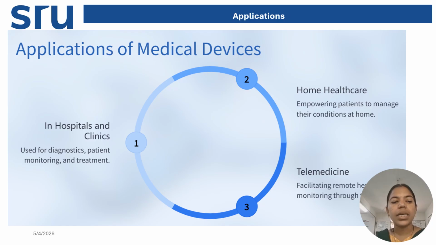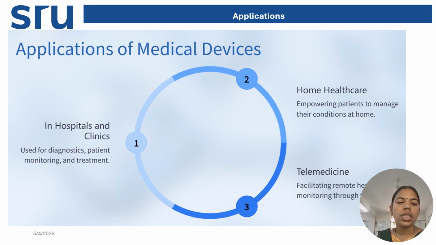And what are the applications of the medical device? Mainly, we will see them in hospitals and clinics. That is the first important application of any medical device. It is used for diagnosis, patient monitoring, and the treatment of the patient.